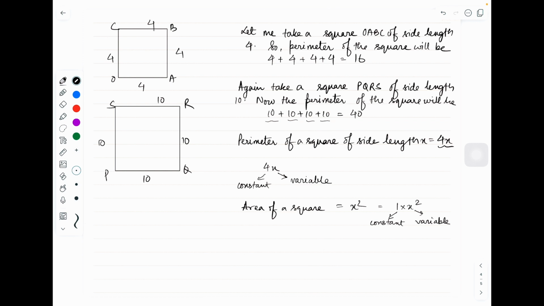So what is the difference between a constant and a variable? Let me write it here.